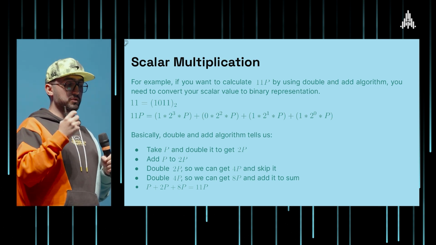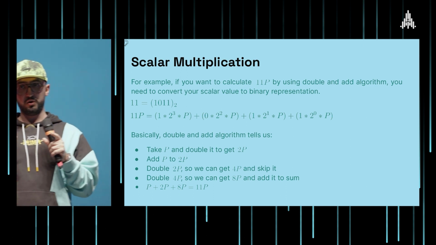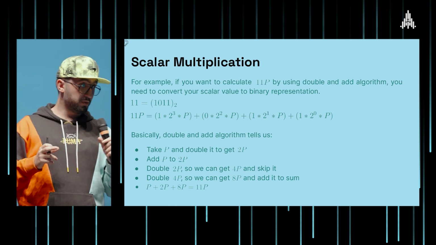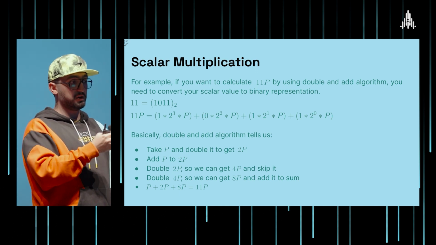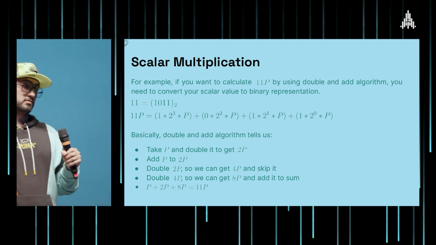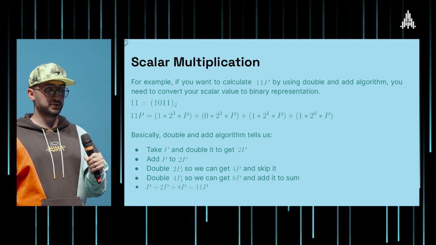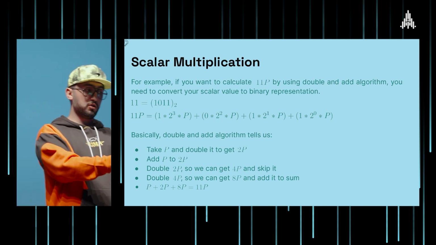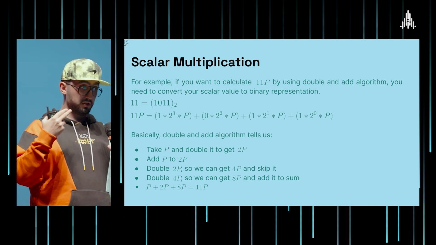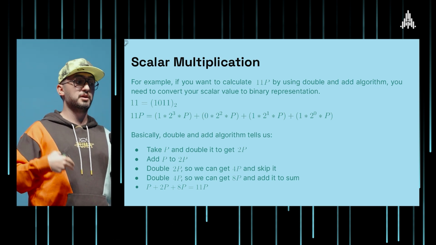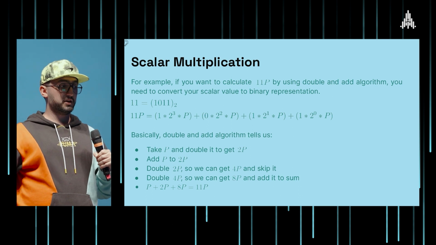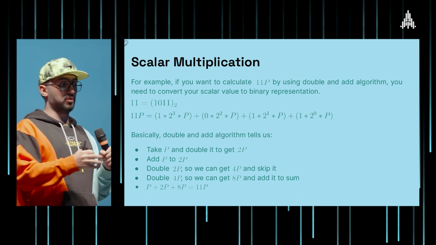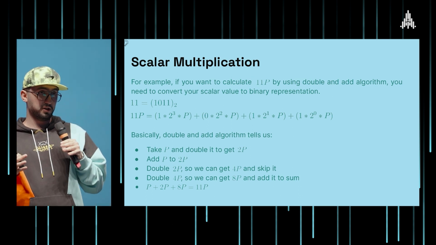For 11P, we take this scalar value 11 and convert it to bits, which is 1011, and we can say that 11P is equal to this formula. You can see that if the bit is 0, you multiply with 0. If it's not, you add it and double it. I can explain it like this. We take P and we double it.